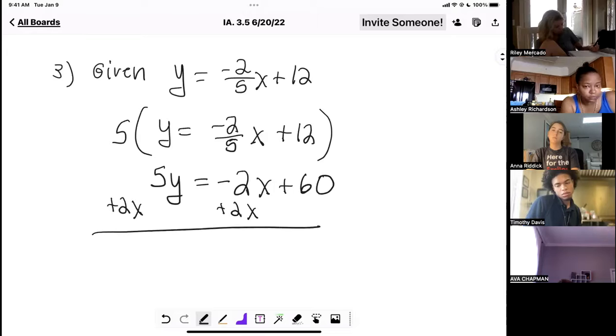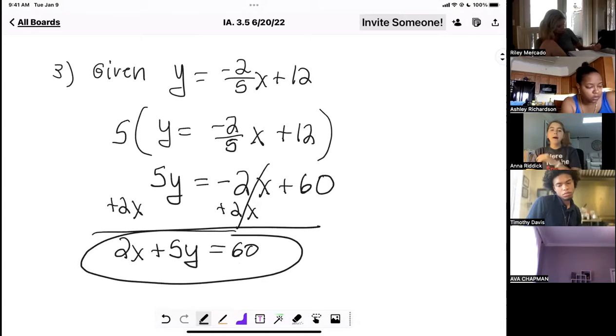So I have 2x plus 5y is equal to 60. And I got my standard form. But there are the three different forms of linear equations: slope-intercept form, point-slope form, and standard form.